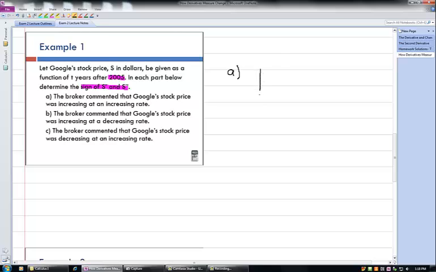So the idea is maybe we can make a graph. And here we would put time. And here we'd put Google's stock price. So let's just put stock price. And it says it's increasing at an increasing rate. So the idea is, maybe I start down here and I go up here. And now there are basically 3 ways I can do this. I can do it by going concave up.